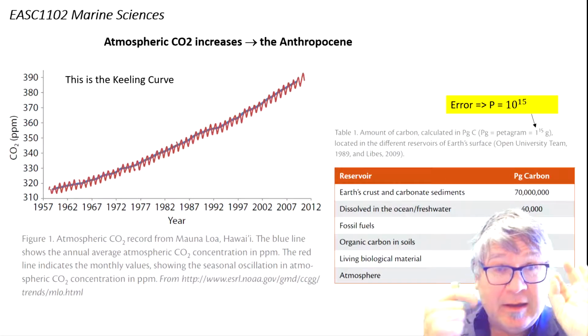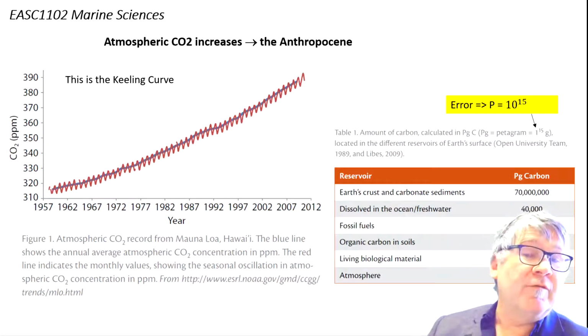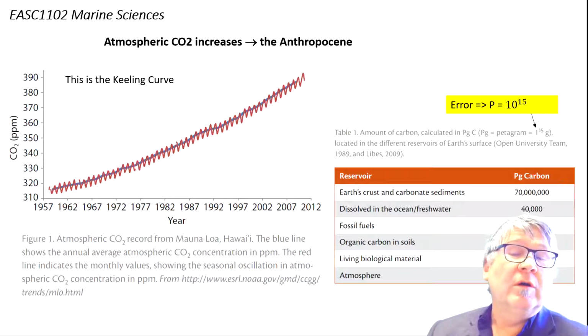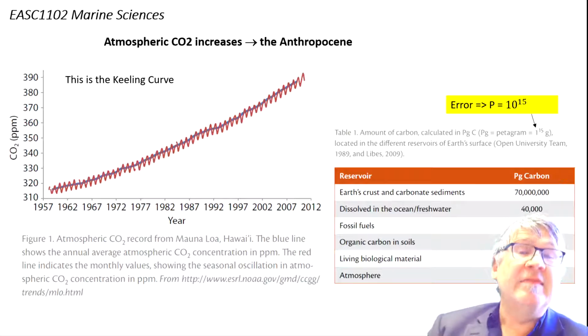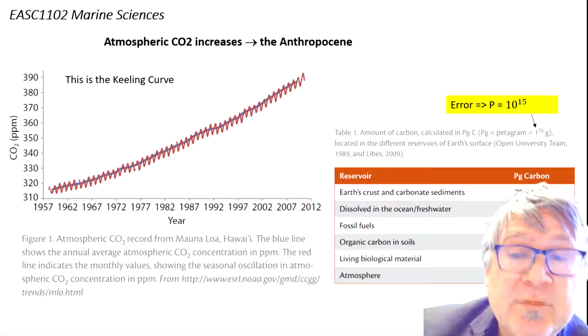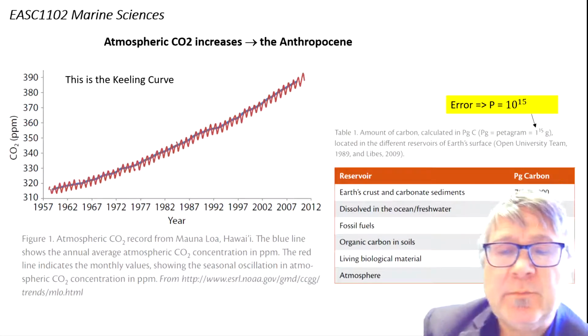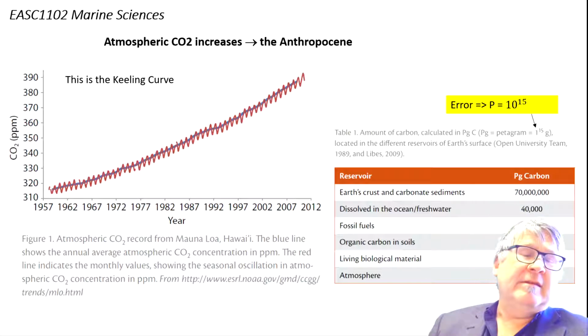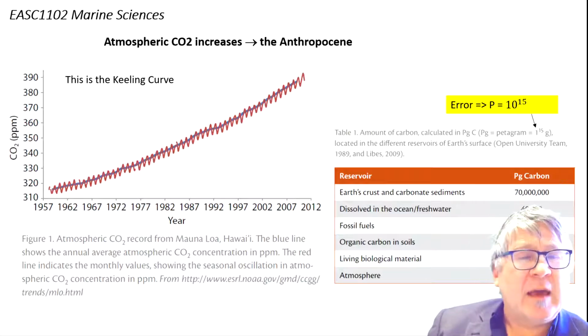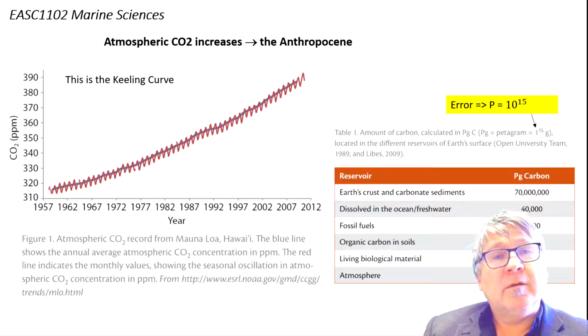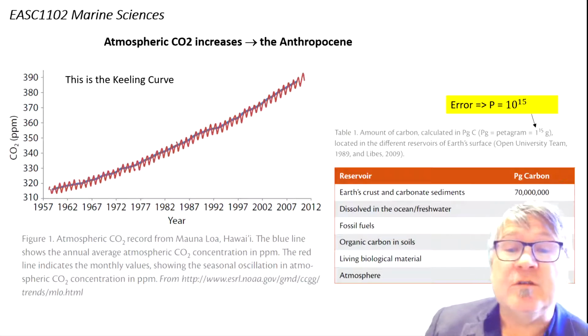So this is the evidence of CO2 increases in the atmosphere, or one piece of evidence. This is known as the Keeling curve. We know that the positive trend comes from human emissions of CO2.